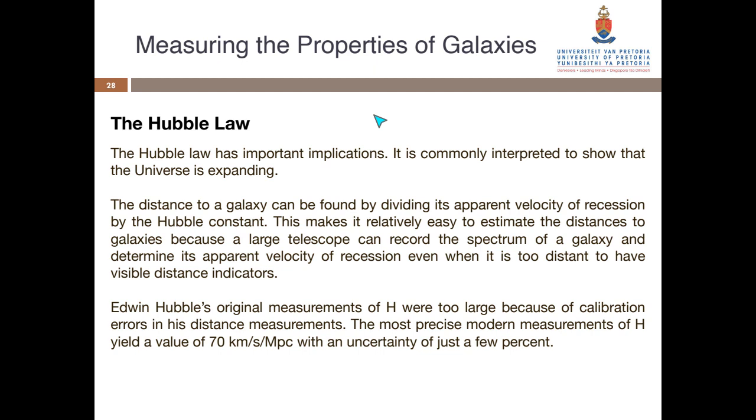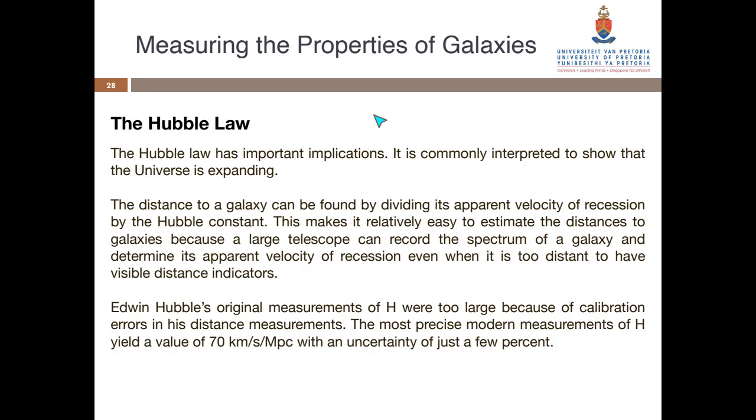The distance to a galaxy can be found by dividing its apparent velocity of recession by the Hubble constant. This makes it relatively easy to estimate distances to galaxies, because a large telescope can record a spectrum of the galaxy and determine its apparent velocity of recession, even when it's too distant to have visible distance indicators.